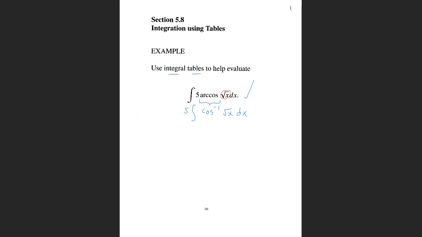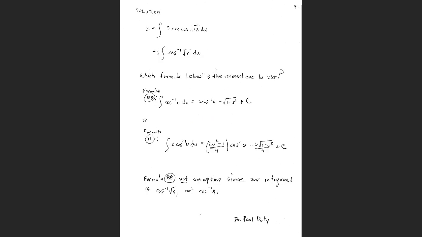All right, let's first deal with the formula. Here are the two formulas. I actually anticipated that students would say either formula 88 or formula 91. I want to be a little bit careful here.